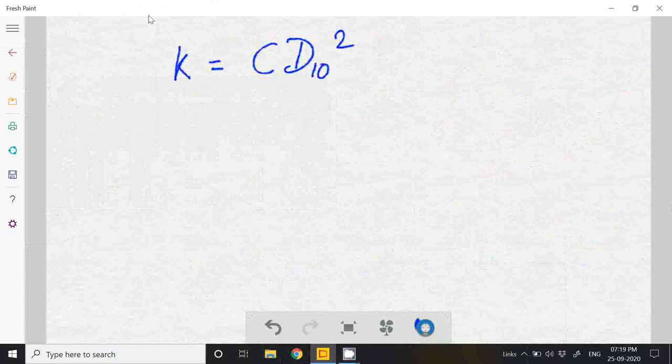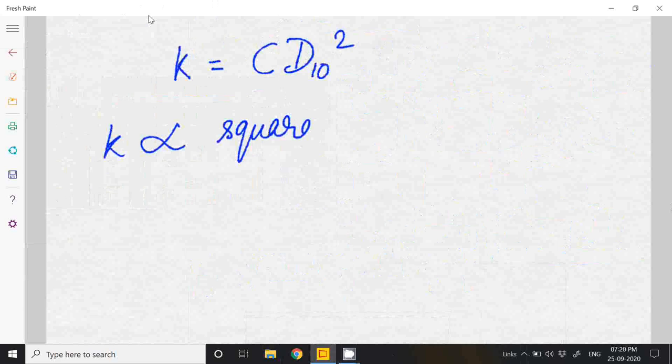That means K is proportional to the square of D10. And the thing is that this is done for clean sands.